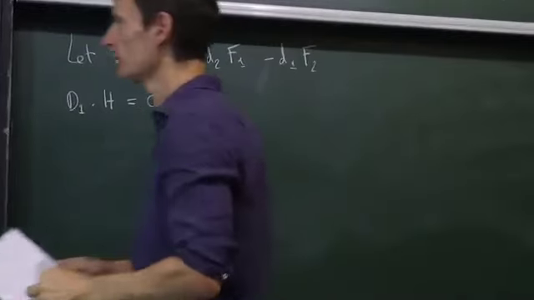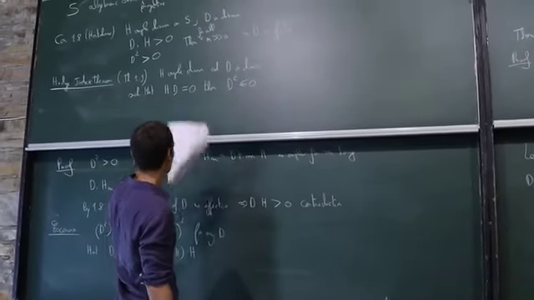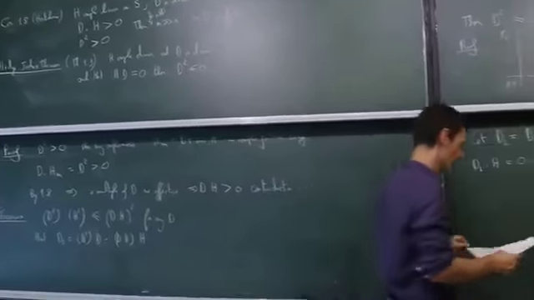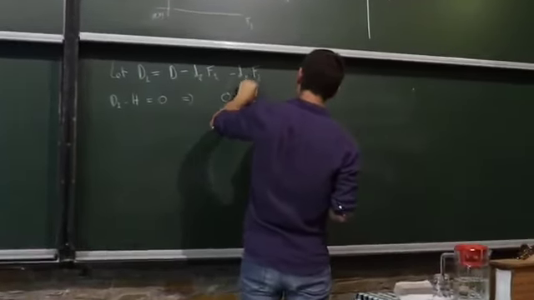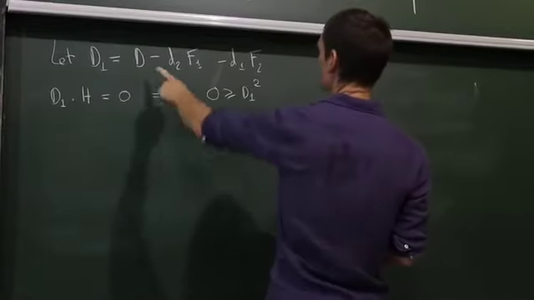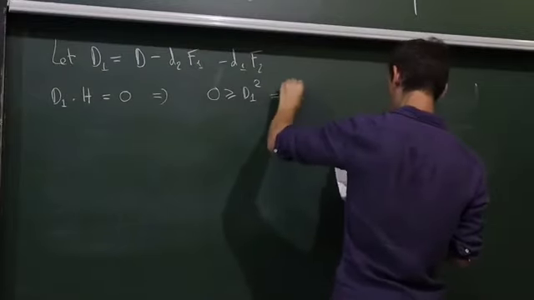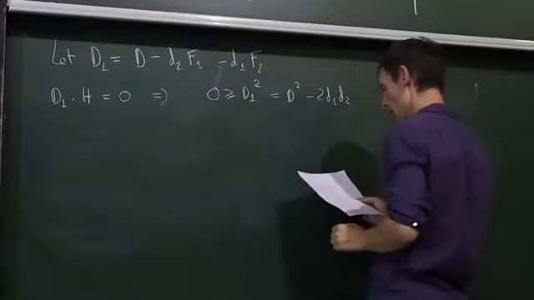So I have an ample divisor H such that the intersection is 0. I must conclude from this that D1 squared is negative, but if you do the computation with D1 squared, what you get is D squared minus 2 D1 D2, and you have the result.